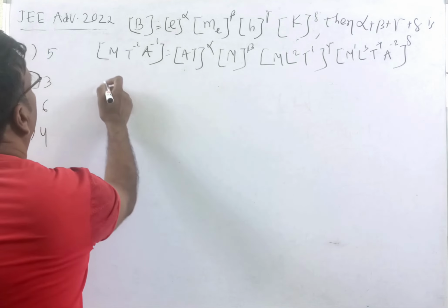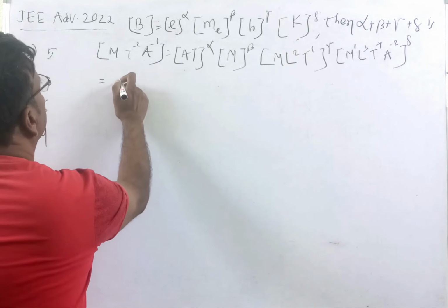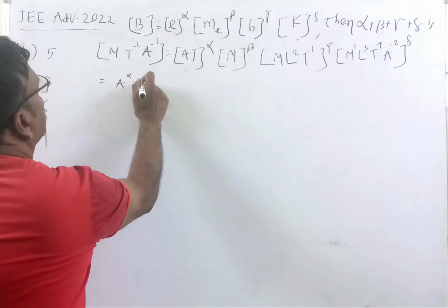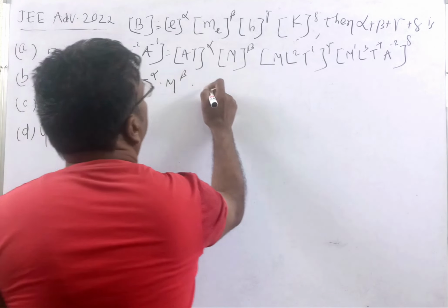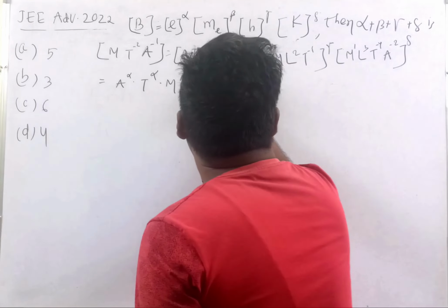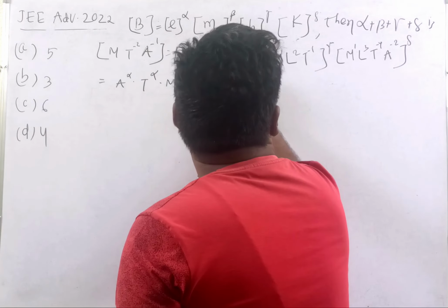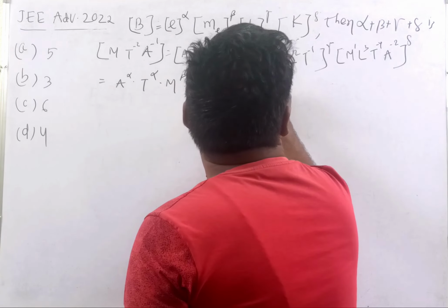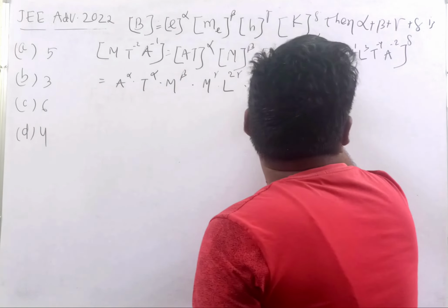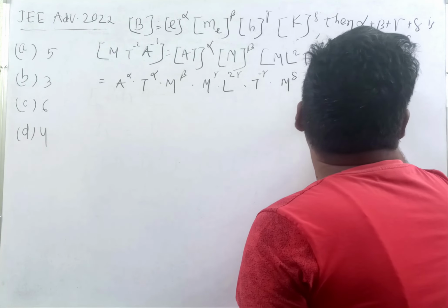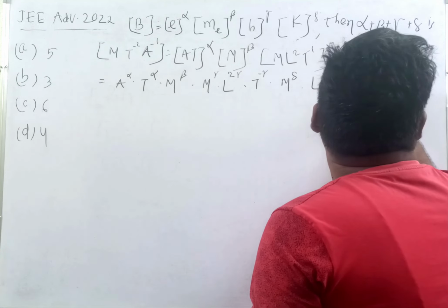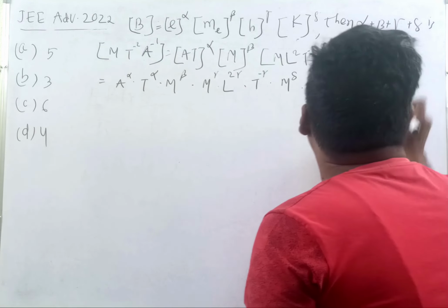Well, let us first expand these terms. This will be A to the power alpha into T to the power alpha into M to the power beta into M to the power gamma into L to the power 2 gamma into T to the power minus gamma into M to the power delta into L to the power 3 delta into T to the power minus 4 delta into A to the power minus 2 delta.